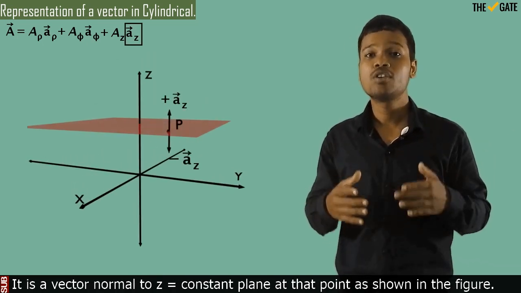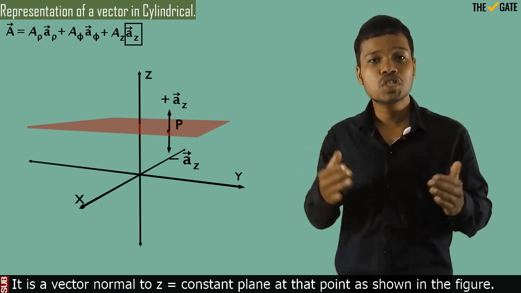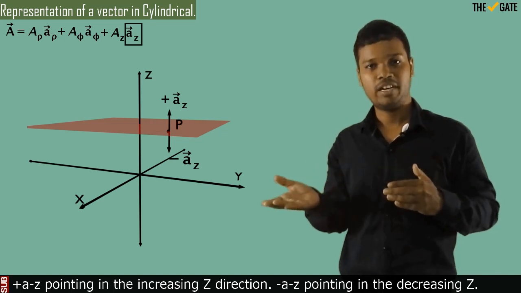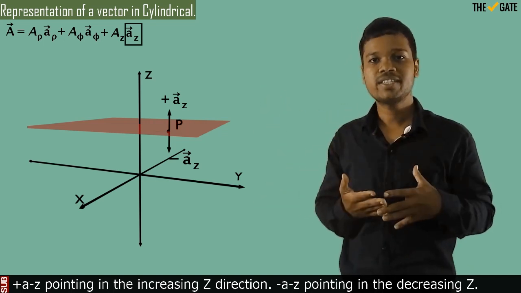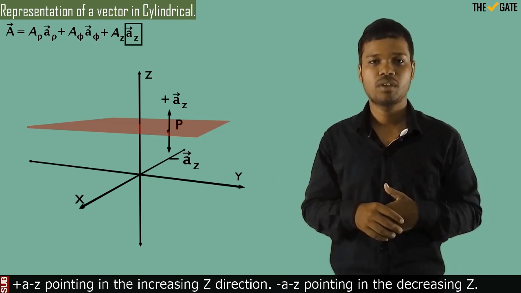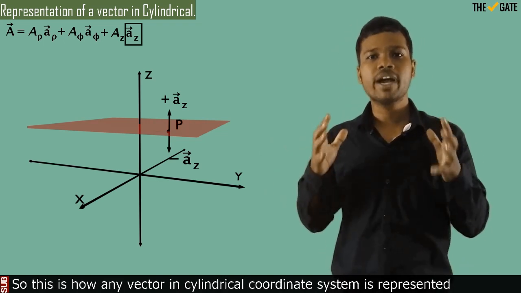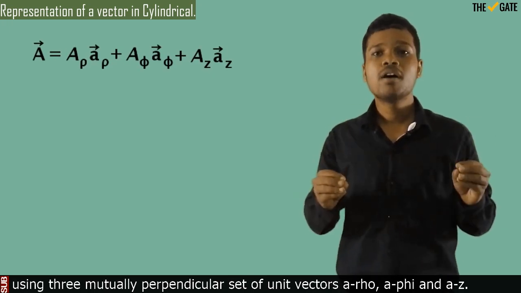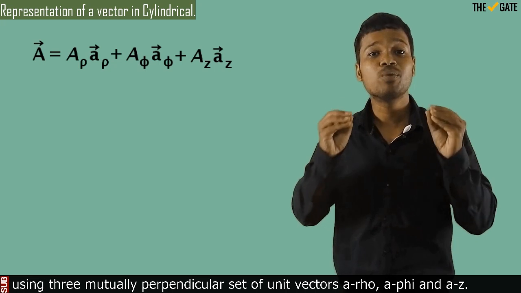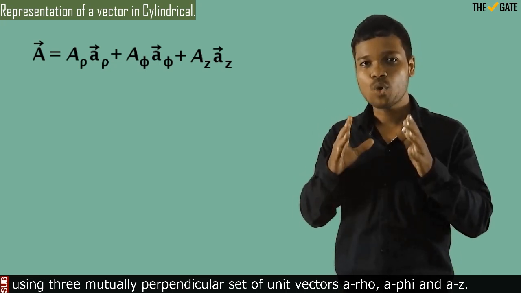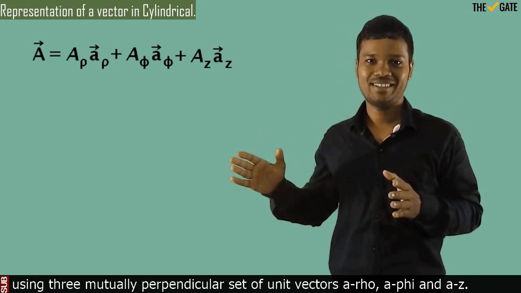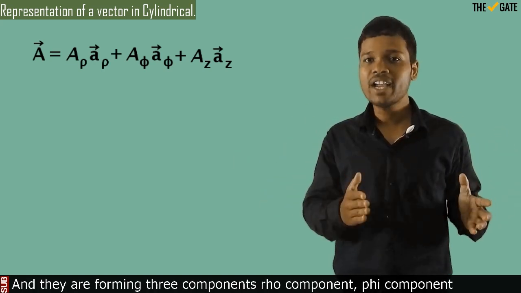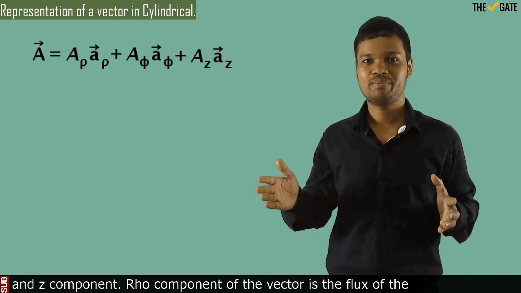It is a vector normal to z equal to constant plane at that point actually. Plus az pointing in the increasing z direction, minus az pointing in the decreasing z direction. So this is how any vector in cylindrical coordinates is represented, using three mutually perpendicular set of unit vectors, a rho, a phi and az, and they are forming three components: rho component, phi component and z component.